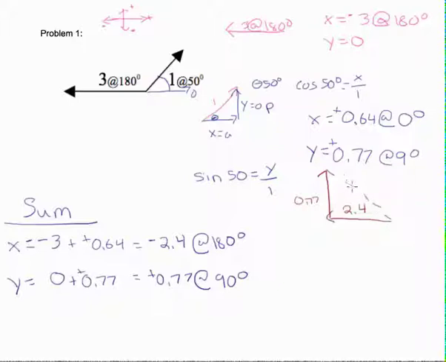To get our magnitude, we'll use the Pythagorean theorem. And we'll get 2.5, which makes sense. It would only be a tiny bit over that x because the y is so short.